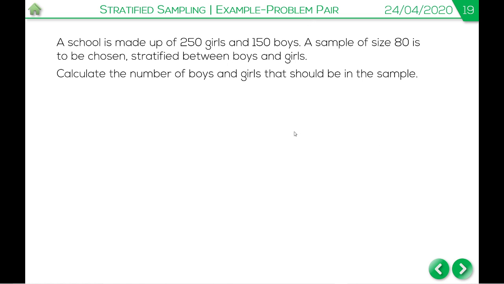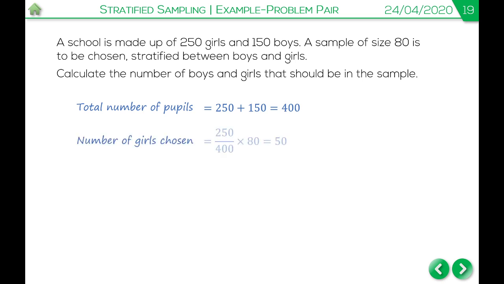Okay, step 1 then is to find out how many people we've got altogether. So 250 add 150 is 400. Then we say what fraction of our sample will be each one of these. So for the number of girls chosen, we do 250 out of 400, that's the proportion that are girls, multiplied by our sample size, and that gives us 50.